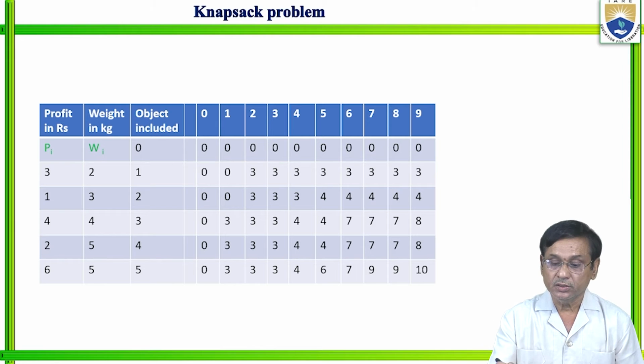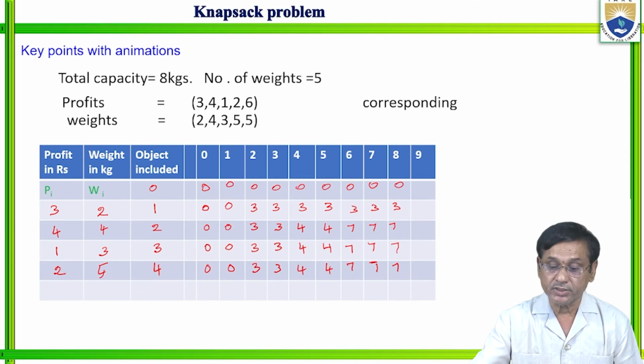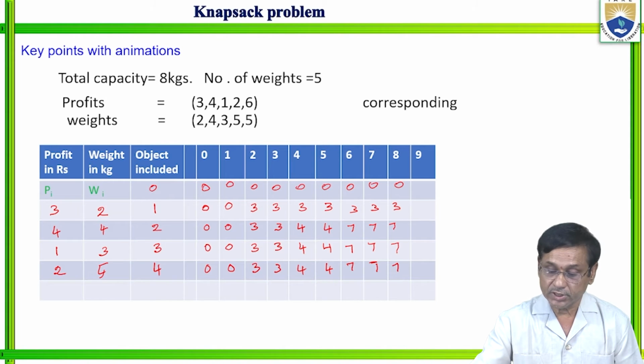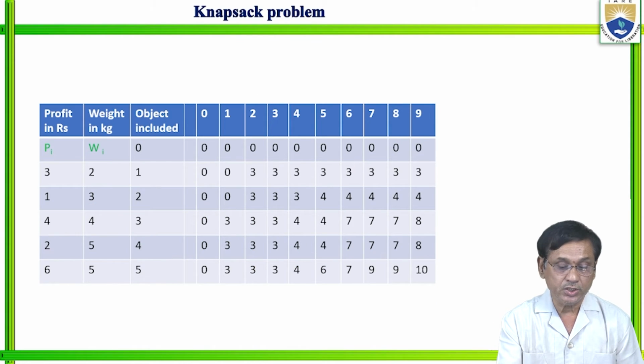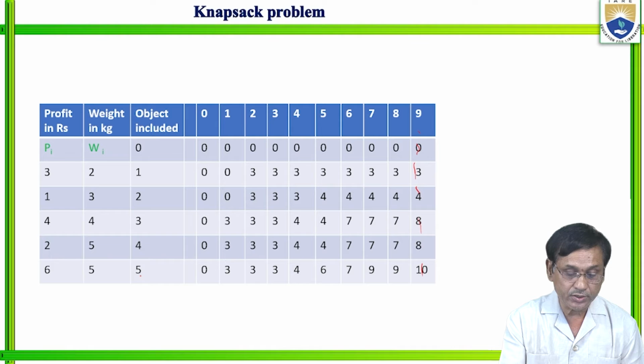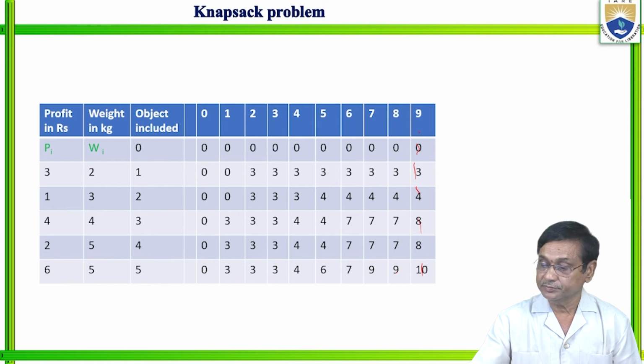Now here, total capacity is 8 kg. So this is the profit. Then we can get it like this. Weight included is this one. So the maximum is only 8, so we cannot consider this. Here when it is 8, you are getting this is 9. Next.